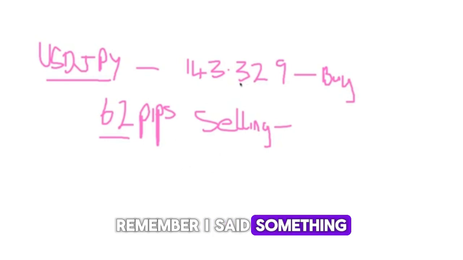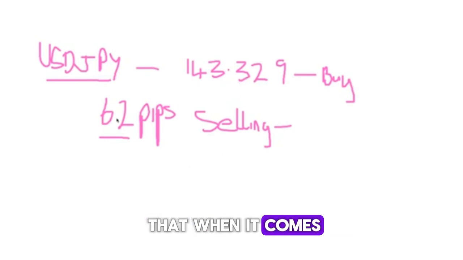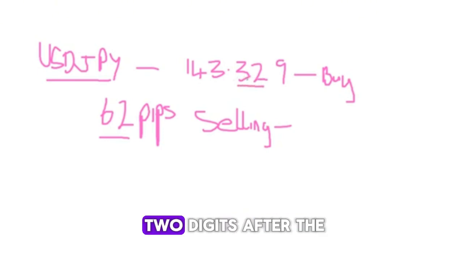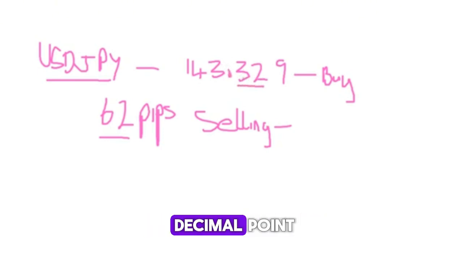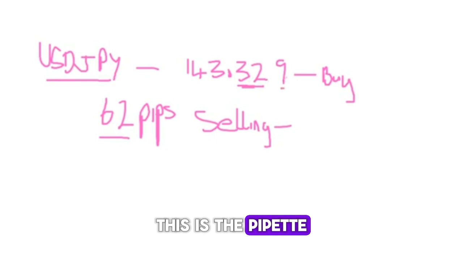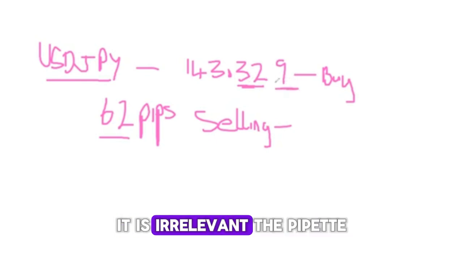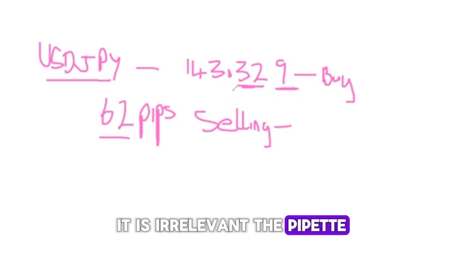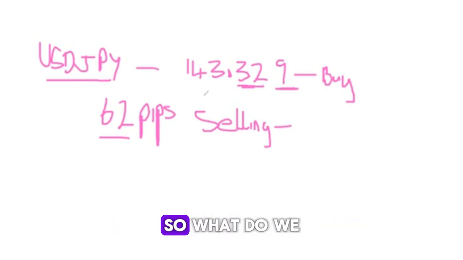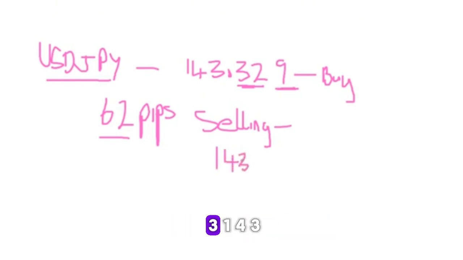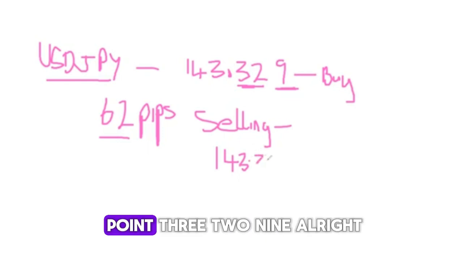Everyone, let's go. Remember, I said that when it comes to JPY, you consider the 2 digits after the decimal point. This is the pipette. It is irrelevant. We are considering pips here. So what do we do to get our selling price since we made profit? It's 143.329.